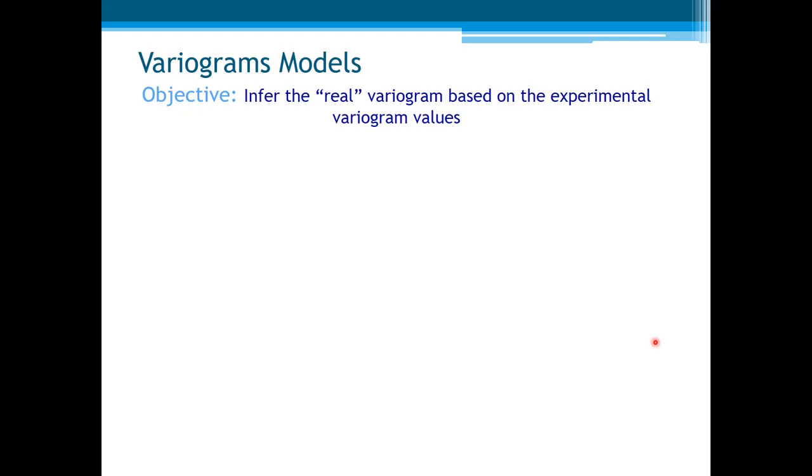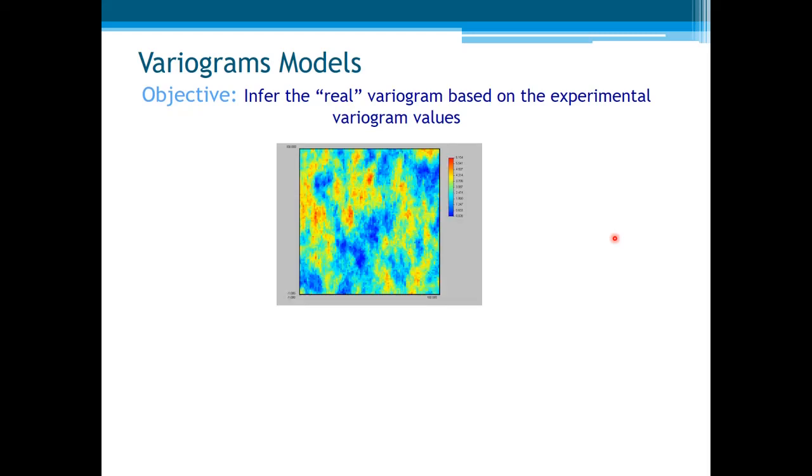Now, how to get a model from the experimental variograms? The objective is to infer the real unknown variogram based on the values of the experimental variogram. Suppose we know the reality, represented here by this image. We have some samples from the reality, for example, these ones.